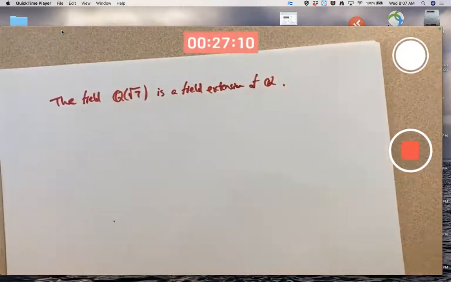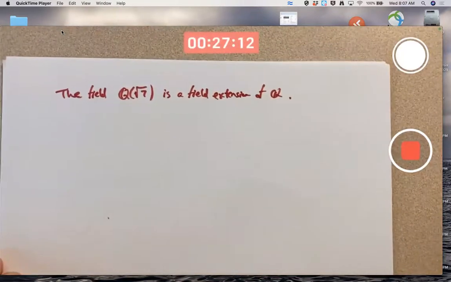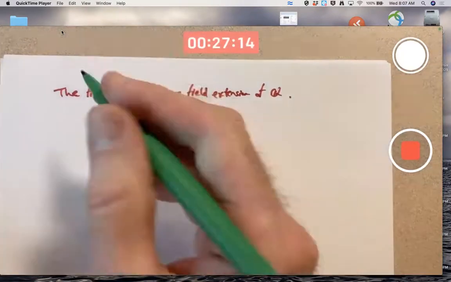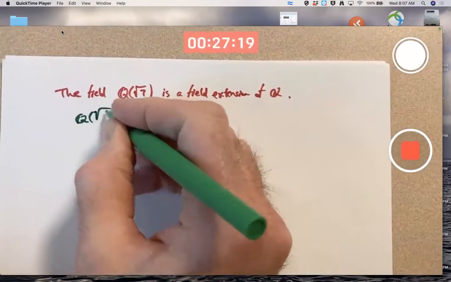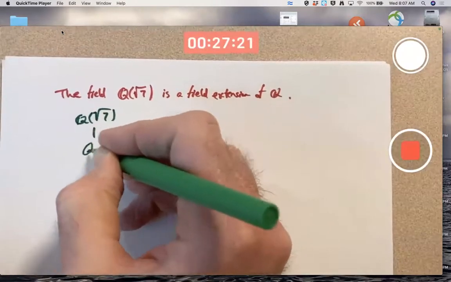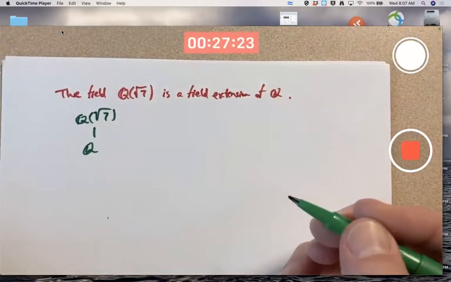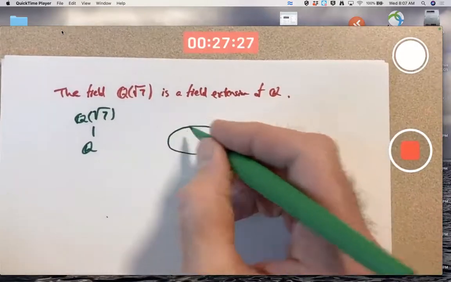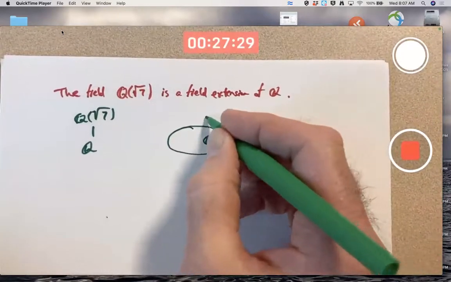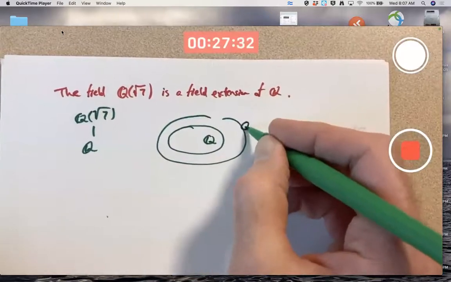I can draw a tower of fields if I like, Q adjoin root 7 being above just plain old Q. That's one way to visualize this. I could also draw a Venn diagram, this representing Q, this representing Q adjoin root 7.